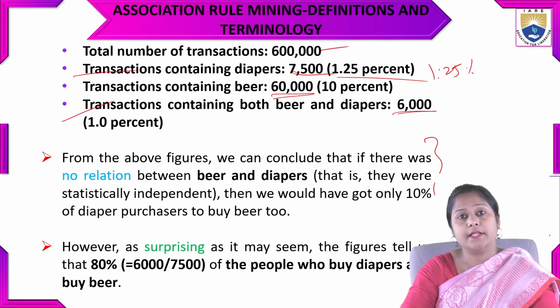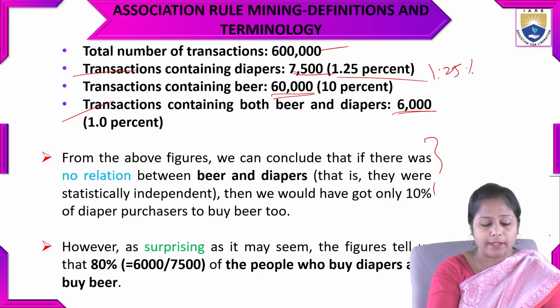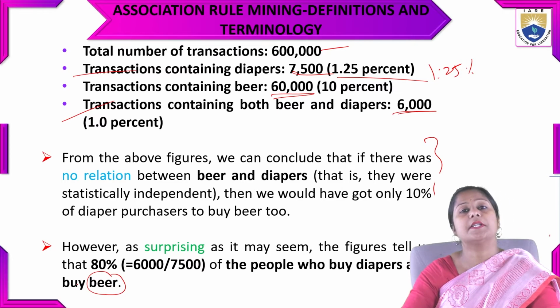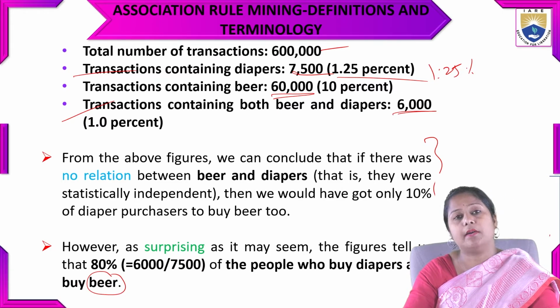However, as surprising as it may seem, these figures tell us that 80%, that is 6,000 divided by 7,500, of the people who buy diapers also buy beer. So we have to understand this relationship.